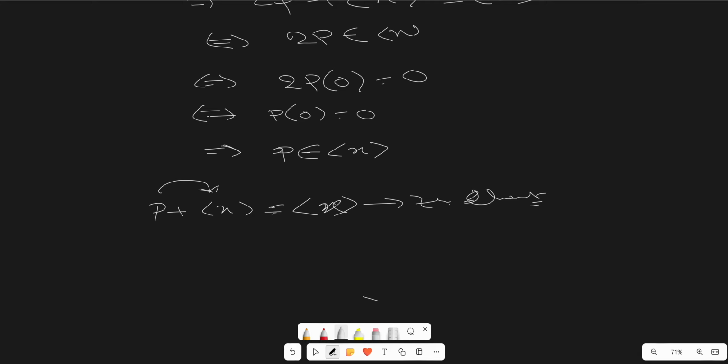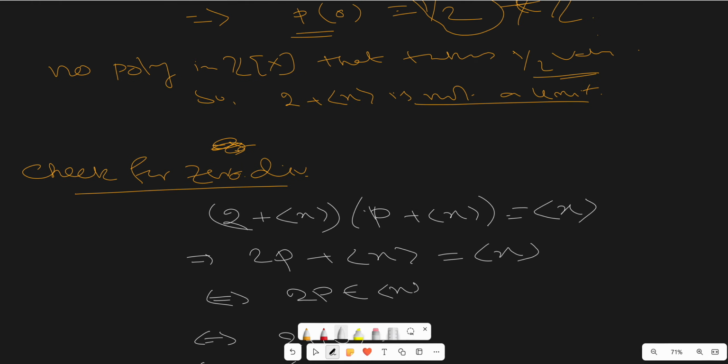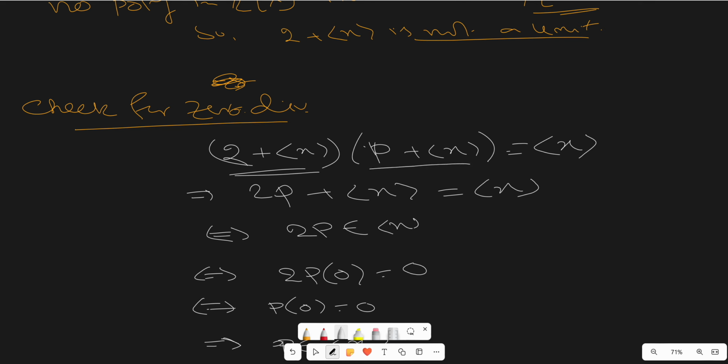Are you getting my point? Why is p plus x this? See here, this is a non-zero element and this is a zero element. If you take a non-zero element and you still expect the product to give the zero element, that is, the ideal generated by x, then what you get is that this is a zero element, so this is not a zero divisor.